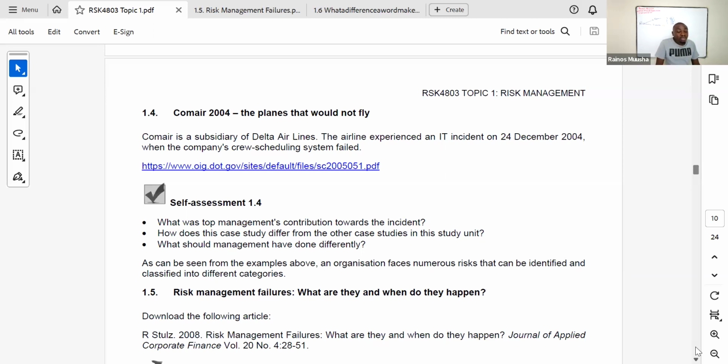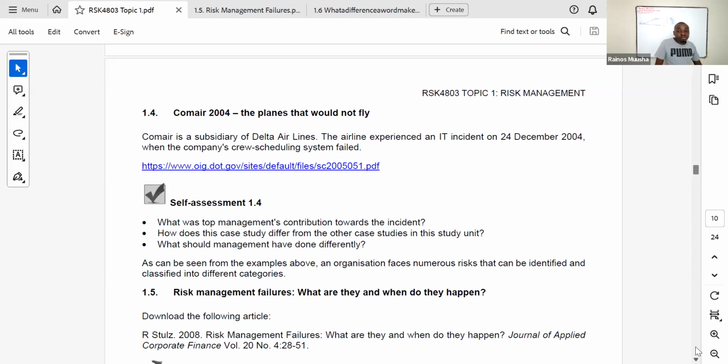So there was now chaos in the sense that the system was having failures because it had reached its limit when it comes to bookings that it can make over a given period of time.